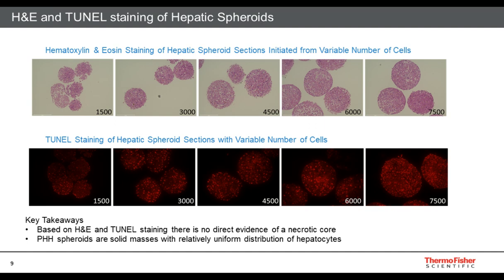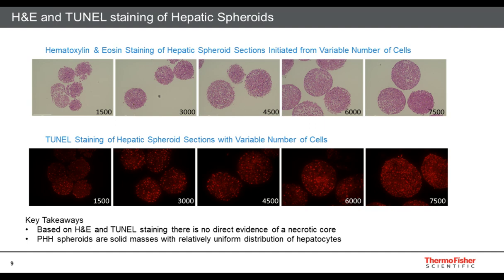We see an increase in size going from lower to higher numbers of cells. If we look at the top panel, this is hematoxylin and eosin staining, H&E staining, of cryosections of the spheroids. So we see a fairly uniform distribution of cells. These are solid masses of cells that are fairly uniformly distributed. These are just hepatocytes, so this is really a monoculture.